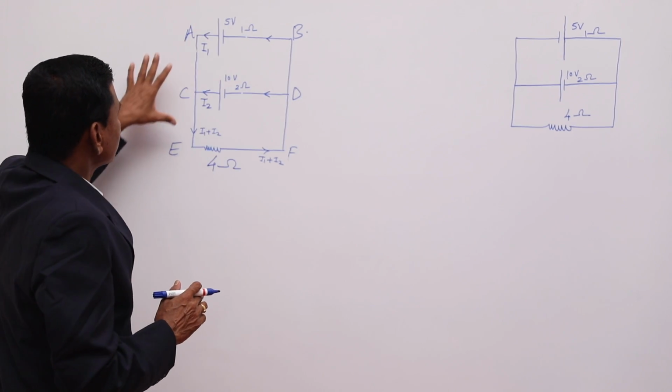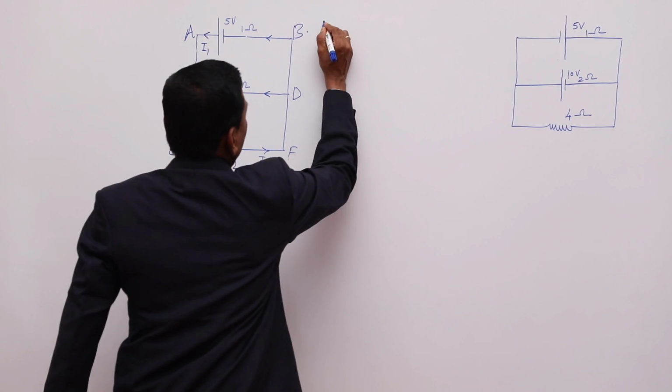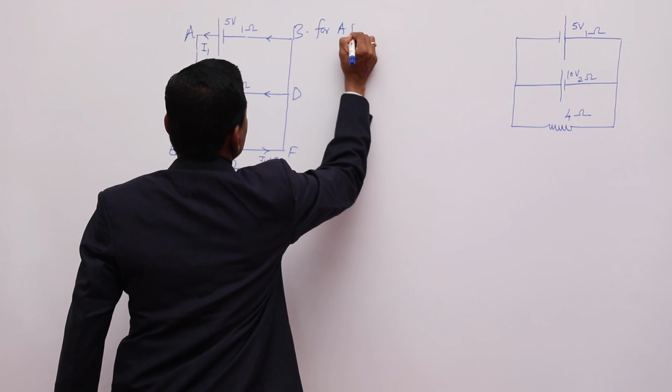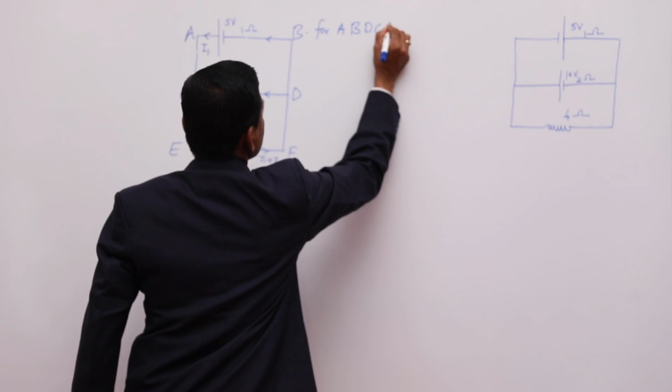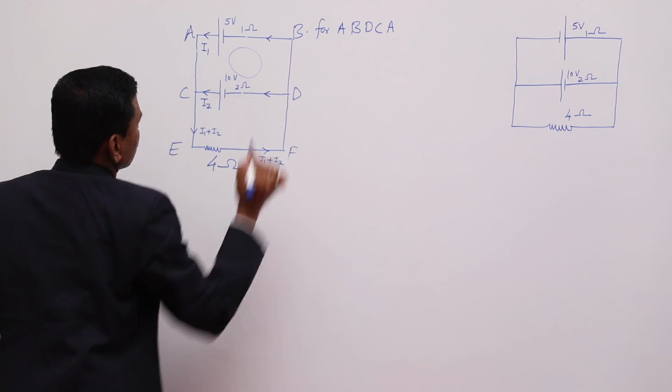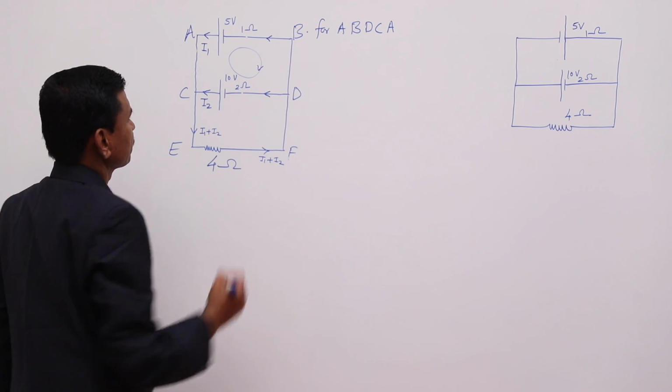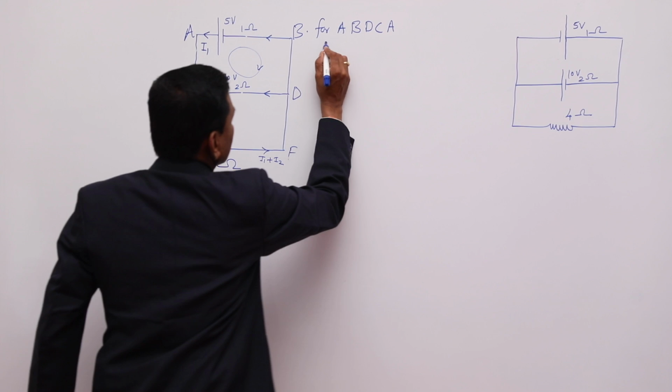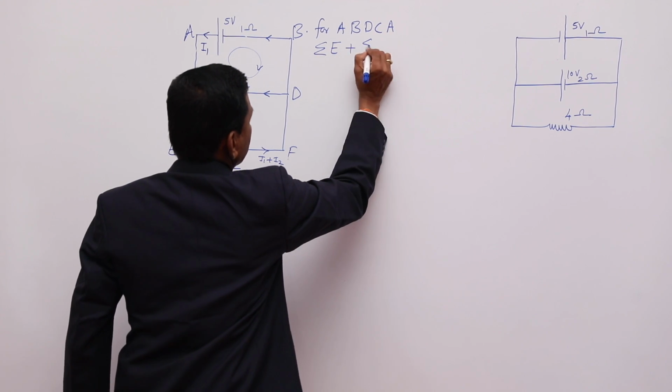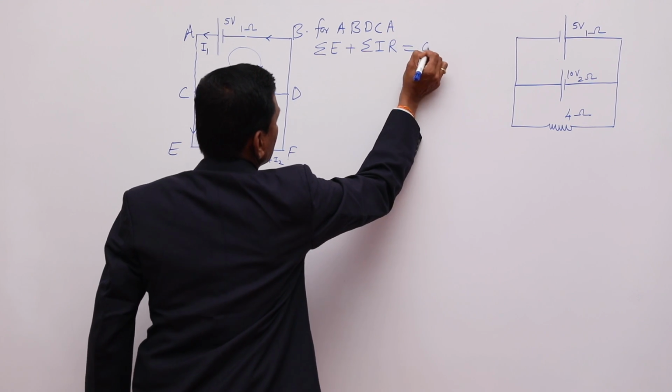Now choose the closed loop. So for closed loop A, B, D, C, A, what is the rule? Summation EMF plus summation IR is equal to 0.